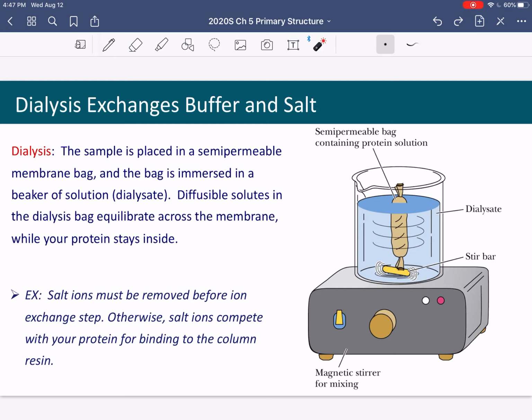We also typically elute from an ion exchange column with high salt, so we typically use dialysis again to move the salt from high concentration in our sample test tube out to the dialysis buffer outside the bag in order to reduce the amount of salt in our sample.